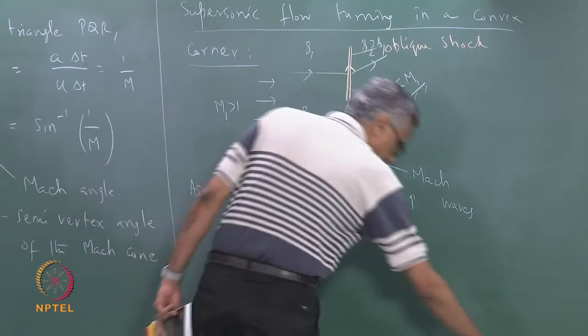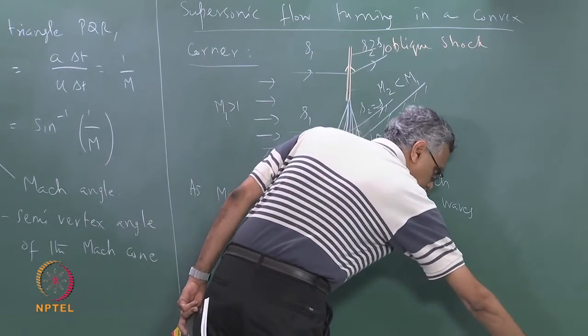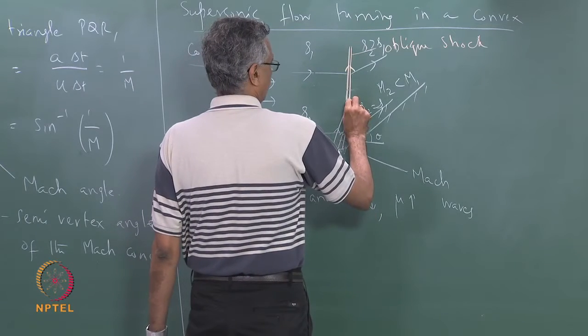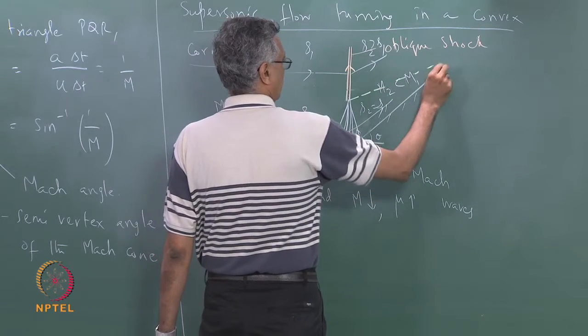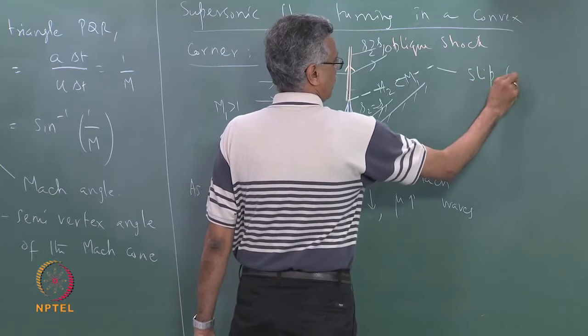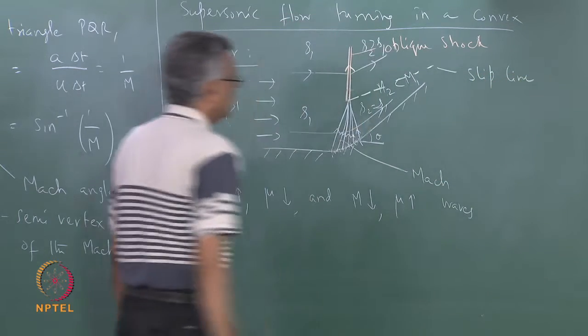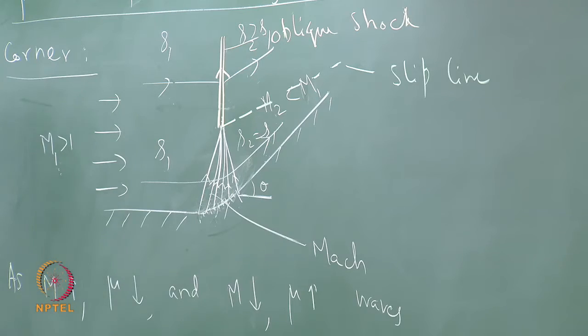Which means that in this case we are going to get a slip line, which represents a discontinuity in some of the properties that we talked about earlier, entropy particularly and other properties.